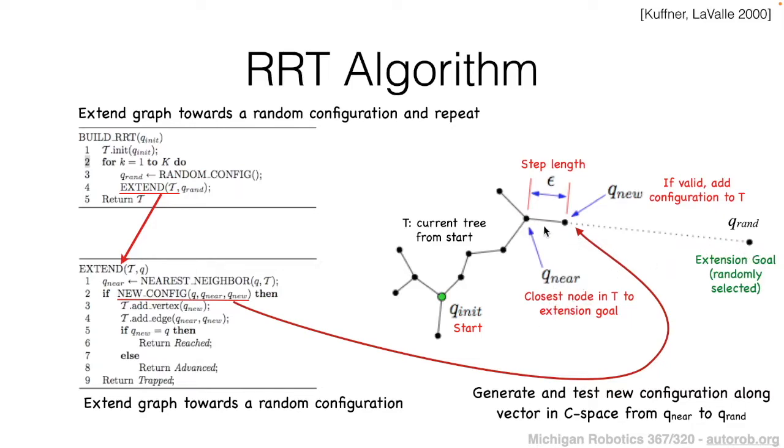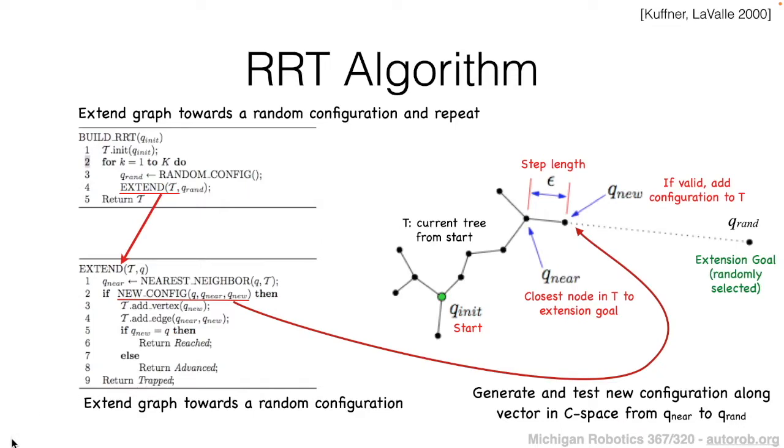As long as an epsilon step along the straight line path between q_near and q_rand is valid, then we'll create that new configuration q_new and add it to our tree. If the q_new would be invalid, then we would not add a new configuration to our tree, and instead we would return trapped.